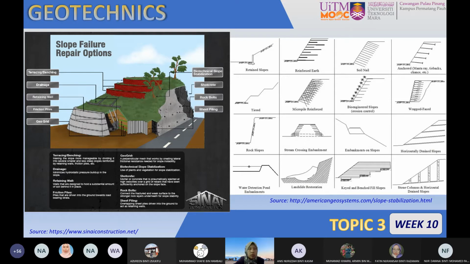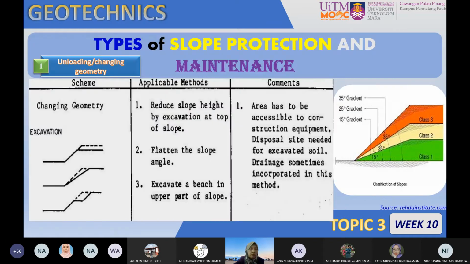So the methodology to retain or repair the slope must rely on the soil type of the slope. It's not simply using soil nailing, for example, or rock anchoring or rock bolting. When you understand the behavior of the soil itself, you can pick the right methods to maintain or repair the slope problems.